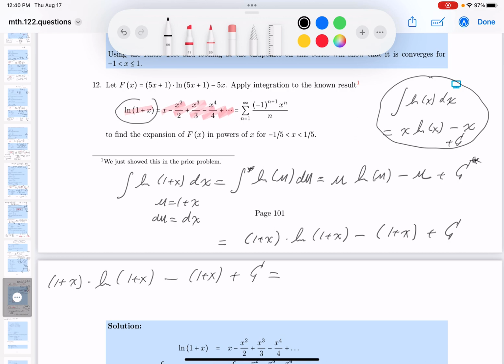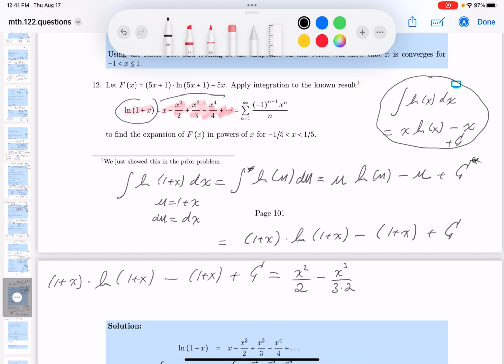What does it equal? Well, I'm going to integrate this side over here, which really doesn't look that bad. What's it going to be? x squared over 2. That's the first term. Then you're going to get minus x cubed over 3 times 2.